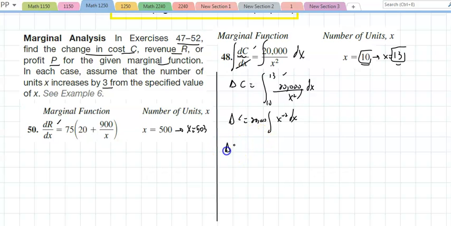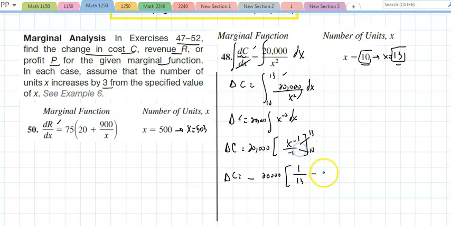The change in cost between 10 and 13 units would be 20,000 times, isn't that x to the negative 1 over negative 1 from 10 to 13? The change in cost will be negative 20,000 into 1 over 13 minus 1 over 10.